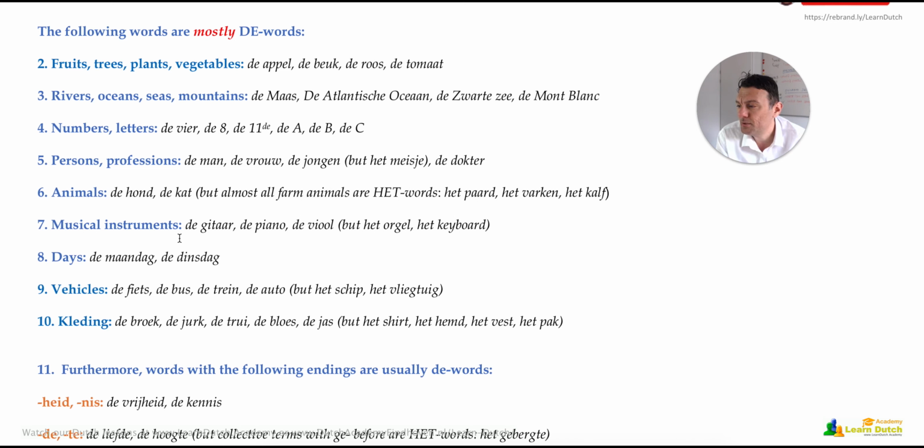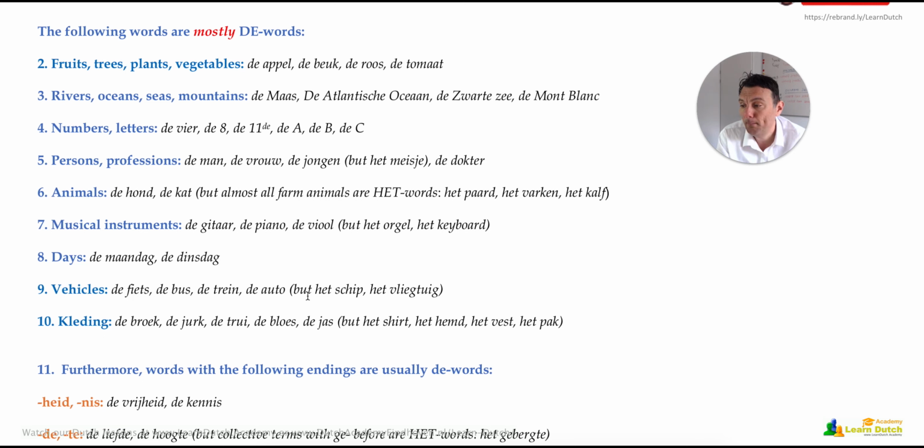Musical instruments. De gitaar, de piano, de viool. But het orgel, het keyboard. Days. De maandag, de dinsdag. Vehicles. De fiets, de bus, de trein, de auto.